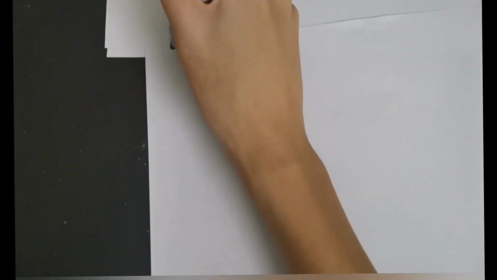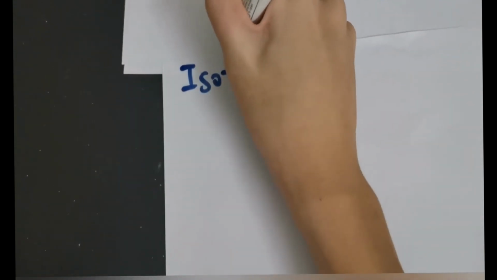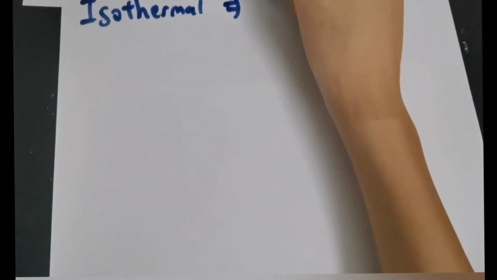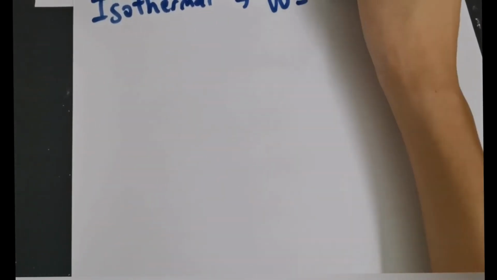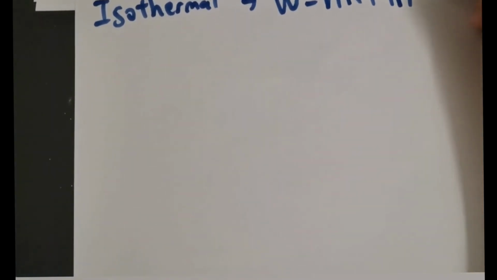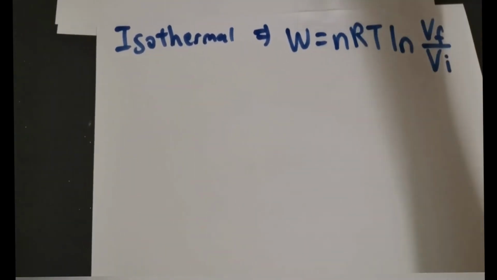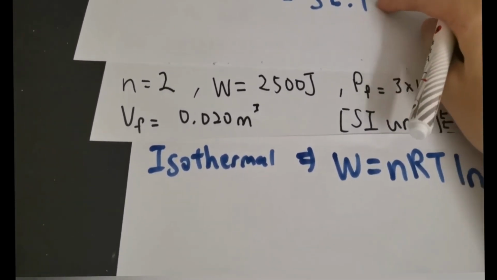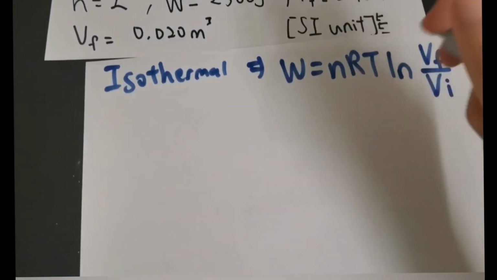So for isothermal, we will use the equation for it: work equals nRT ln V final over V initial. We have found the temperature and the work is here. So we just put in the values.